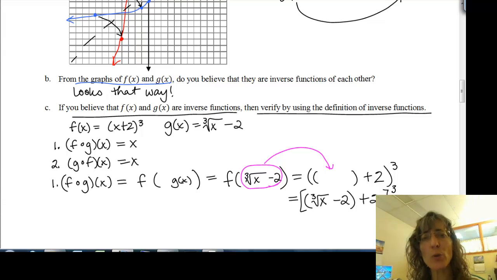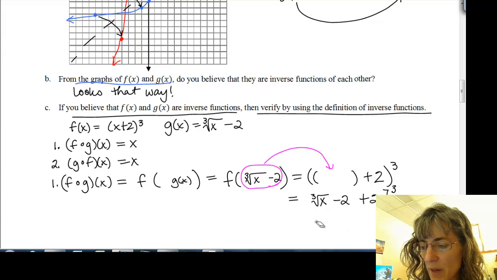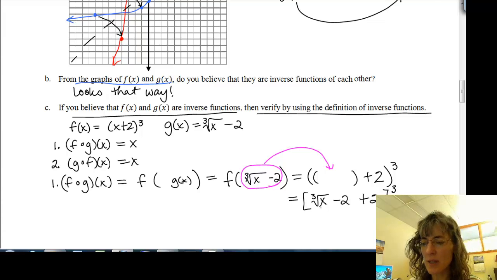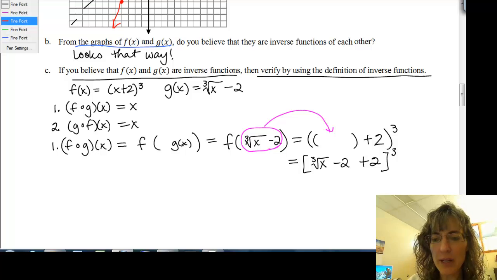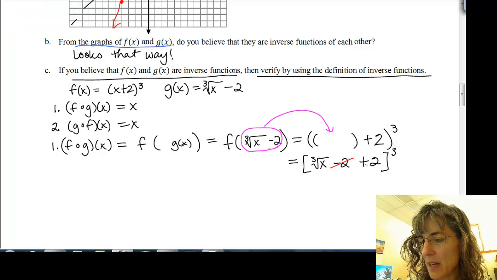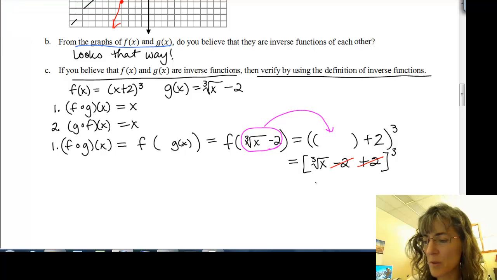Now inside those square brackets, I want to simplify. The first thing I'm wondering is, do I have to keep those parentheses? And I don't. There's nothing outside of them. There's no negatives that I'm trying to distribute or anything else. So I can just drop the parentheses. And then the next thing I'm looking at is, can I combine any like terms? I see I have a negative 2 and a positive 2, and they not only combine, but they cancel.